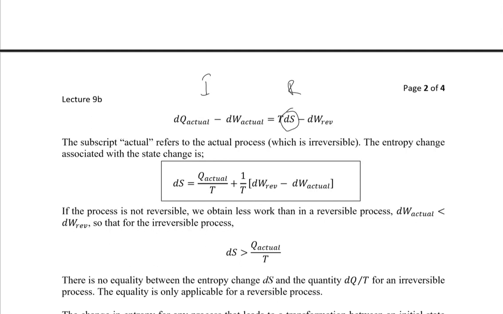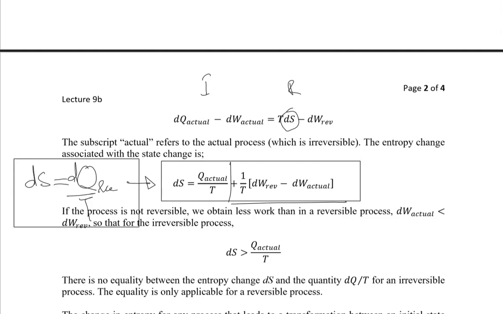If we compare it with the equation for a reversible process, dS would be equal to dq by T, which is reversible. Comparing these equations, you can see there is another term added to the entropy change.